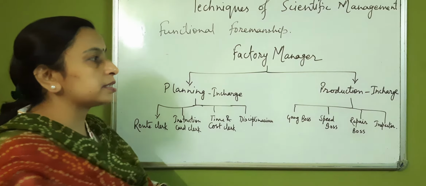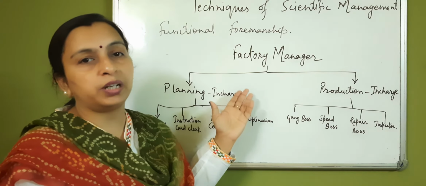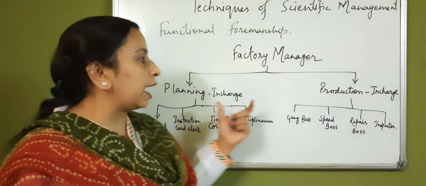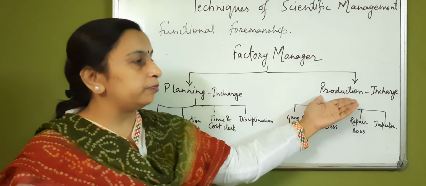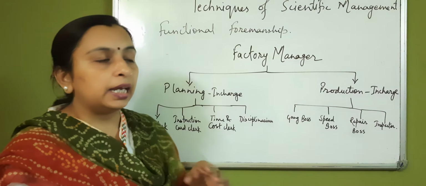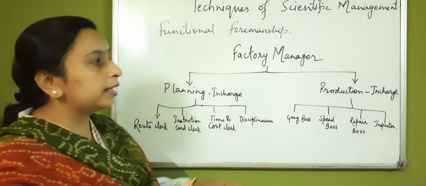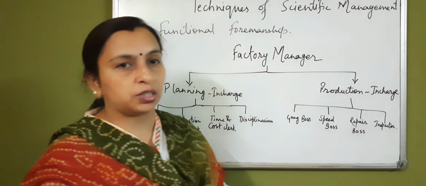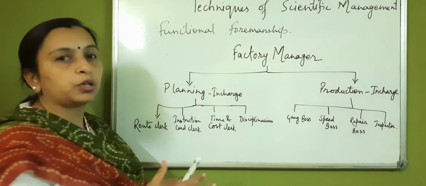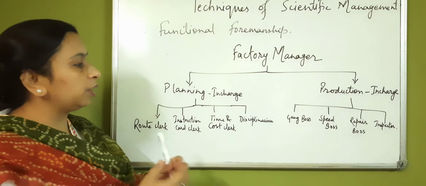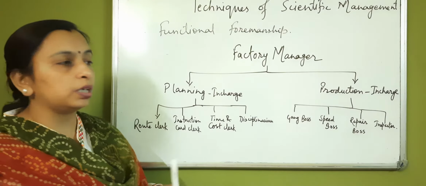In the planning department there will be 4 specialists, and in production also there will be 4 specialists, and they will be responsible for giving orders and instructions.